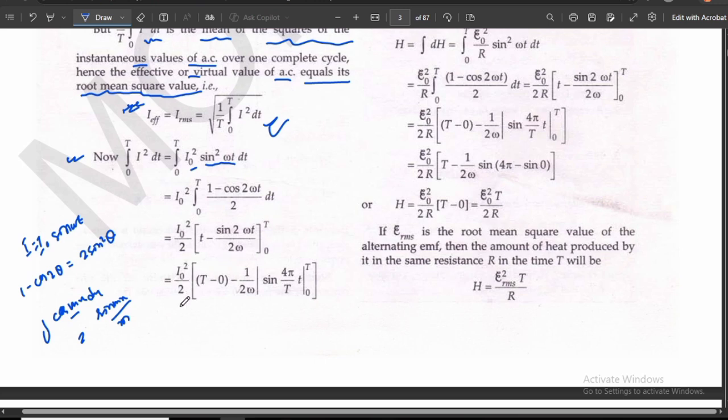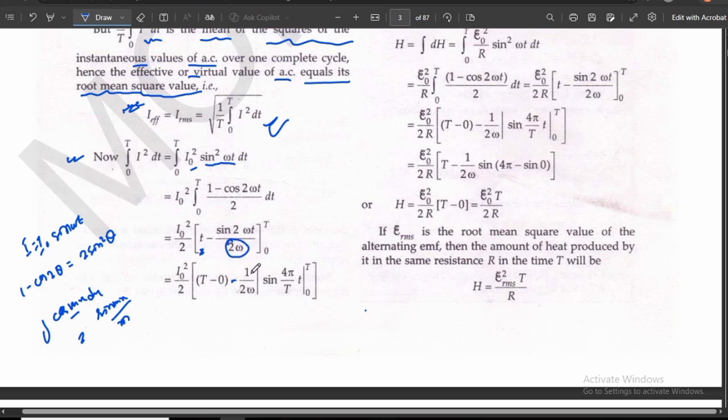Next step, I0 square by 2. Let's put the limits, so it will be capital T minus 0, and minus 1 by 2 omega, which can be taken outside. Let's simplify this term first.